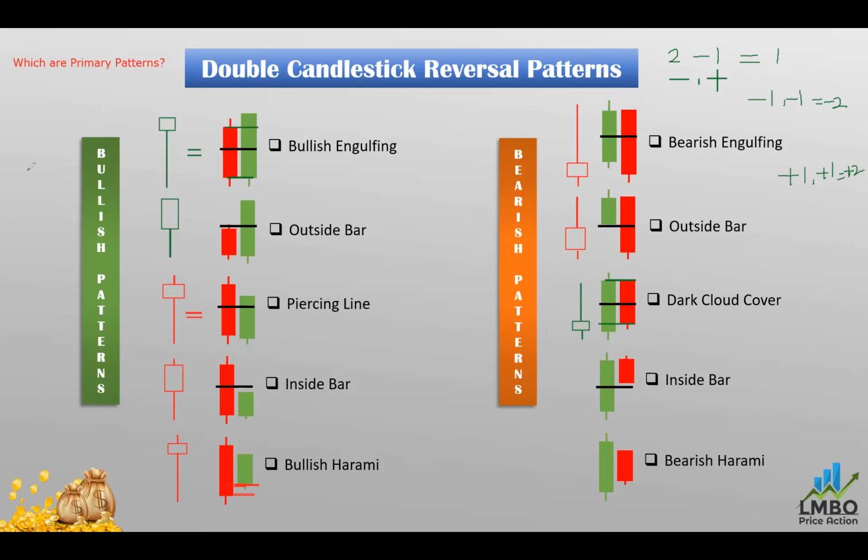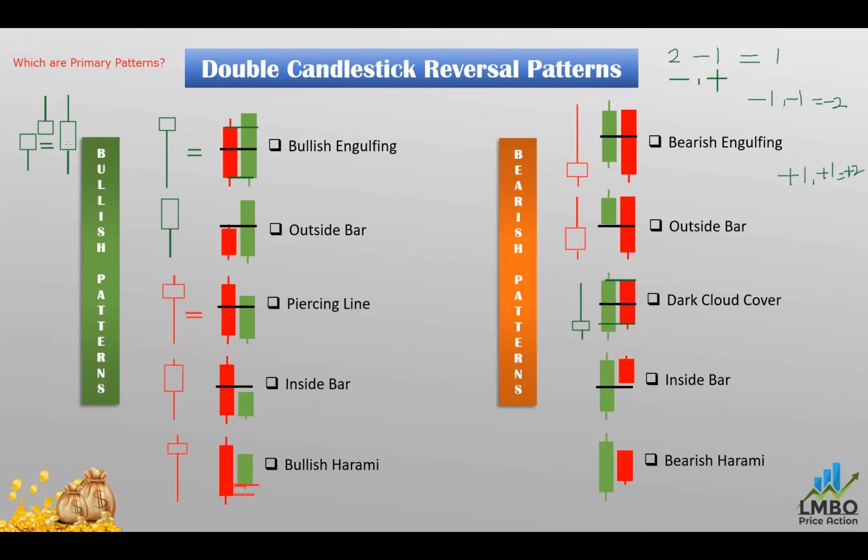See here. One green candle and another green candle. These 2 candles will not be subtracted. These will be added to each other. This is the next candle of these 2 candles. Got it? These 2 candles are added, and now it becomes this candle.